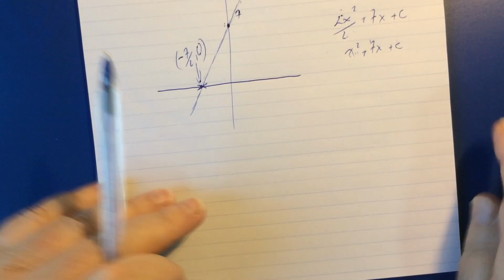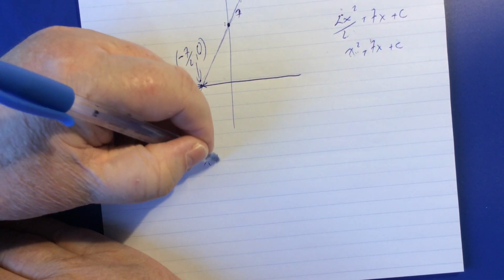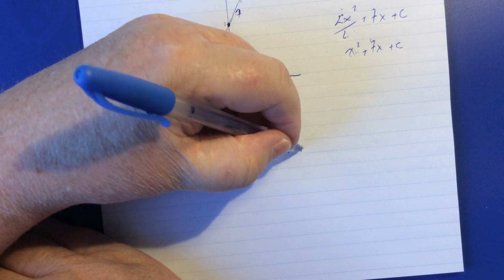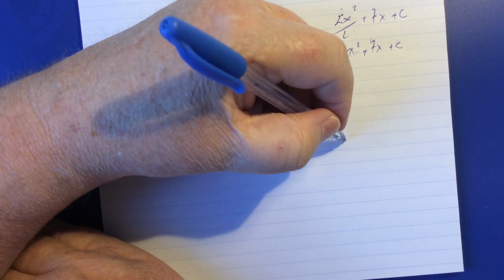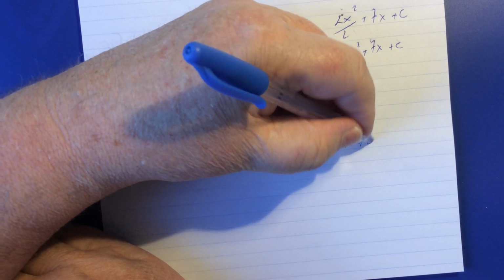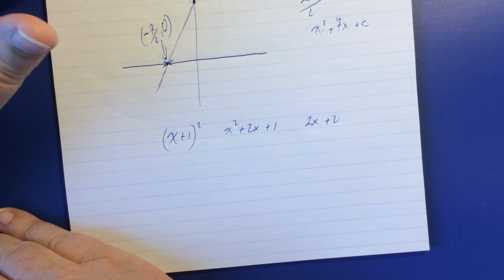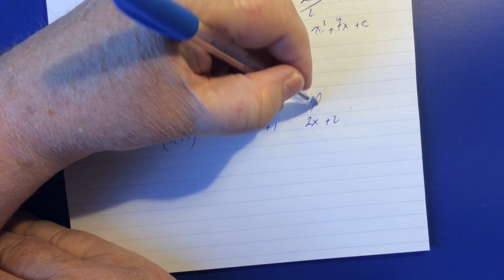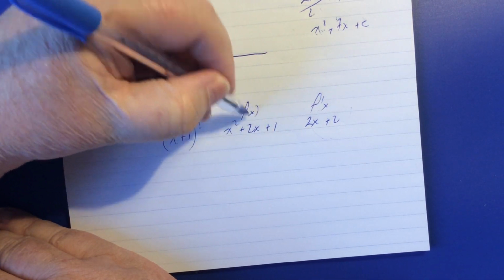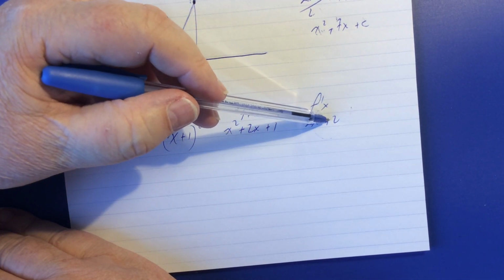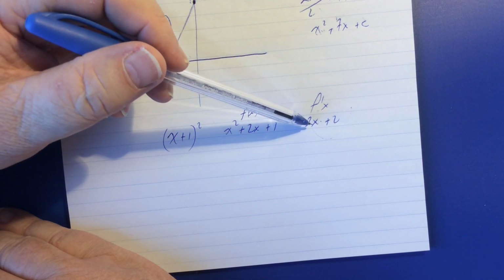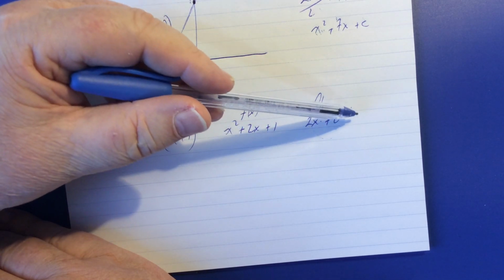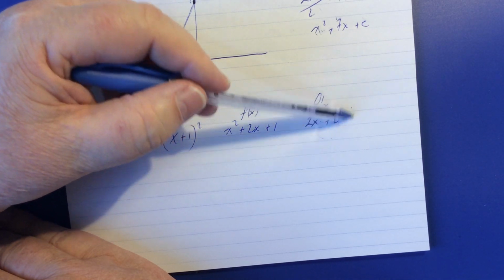Just to give you an example, if we take x plus 1 all squared, which is x squared plus 2x plus 1, and we differentiate that, we get 2x plus 2. Now, this is f prime, and that's the function of x there. Again, looking at this, it's entirely possible that we could reconstruct it, but again, we're taking a guess at what would be out here.